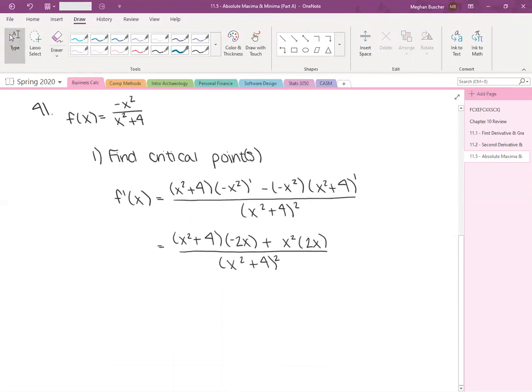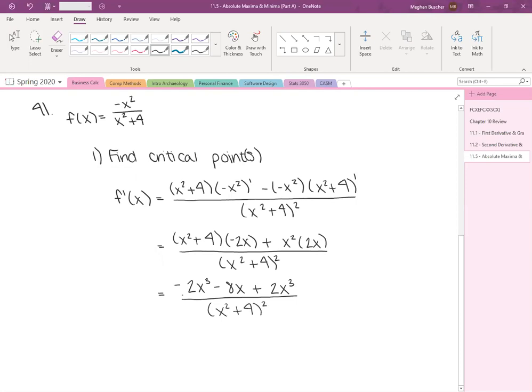Okay, now we're just going to condense things a little bit. We'll have a negative 2x cubed minus 8x plus 2x cubed, all over x squared plus 4 squared.